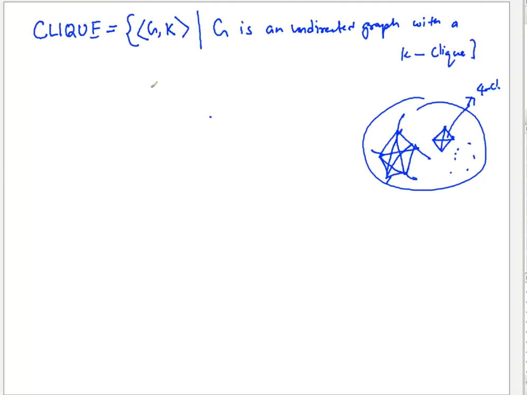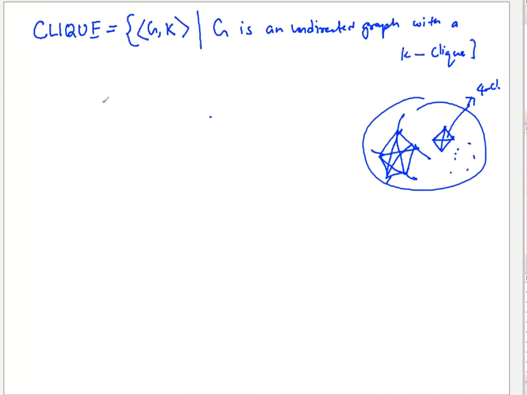If the problem is whether in a given graph G there exists a K-clique or not, and someone claims yes, the graph G has a K-clique, what certificate do you want from that person? I'm sure you're going to ask which K nodes are forming the K-clique. If you give me that as input, I can verify it very quickly.